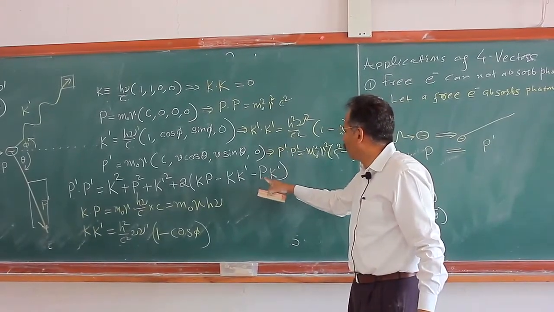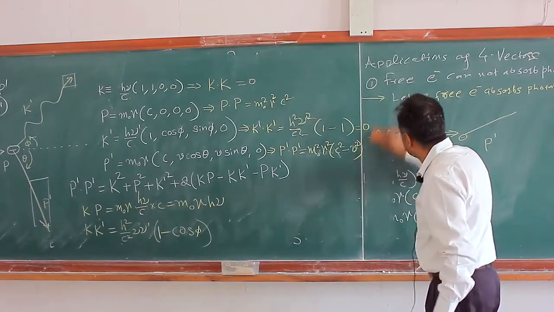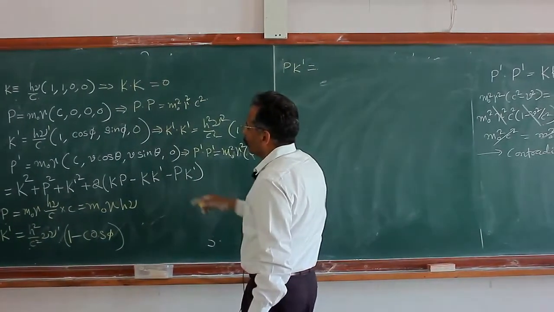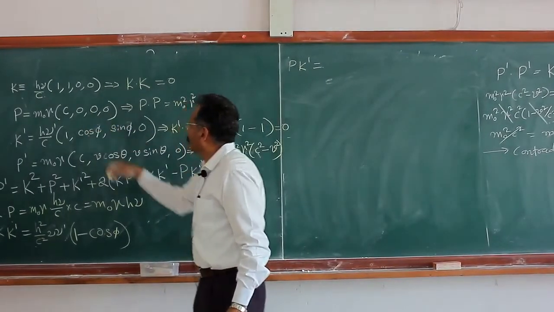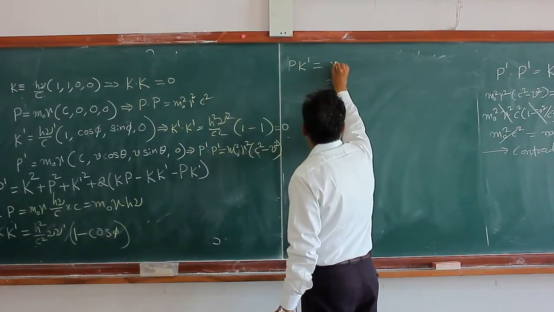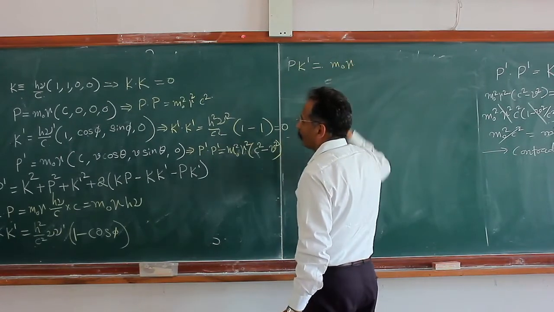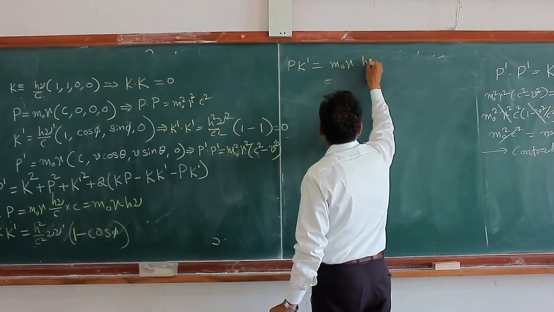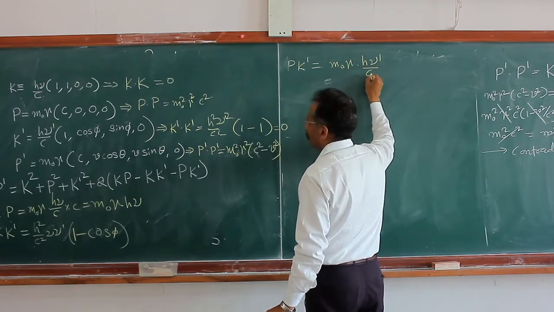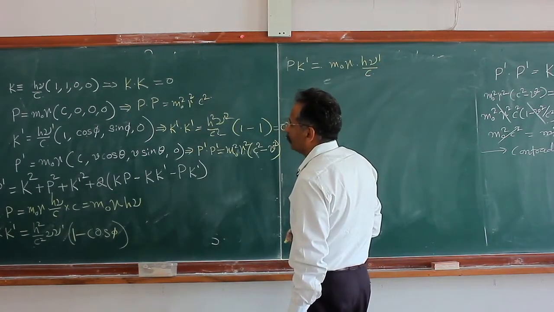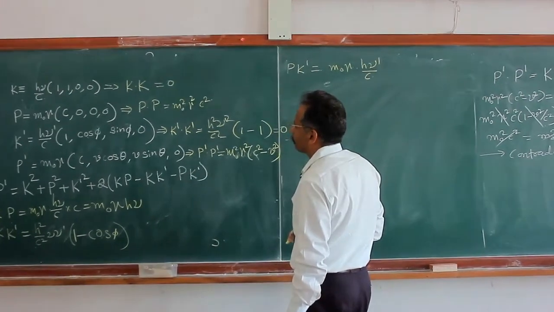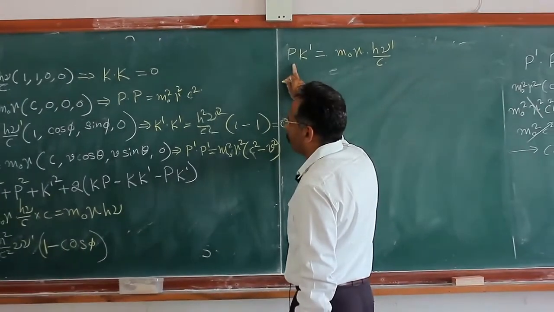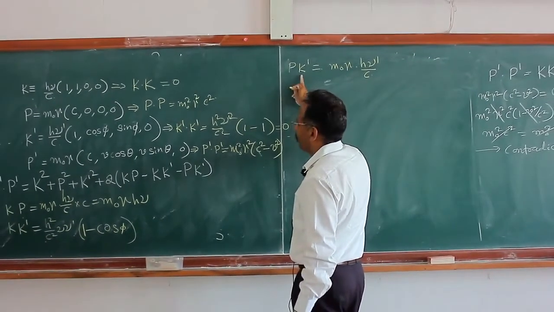Then the next quantity that we need is p dot k dash. K dash is equal to m0 gamma h nu dash by c. We are finding p dot k dash.